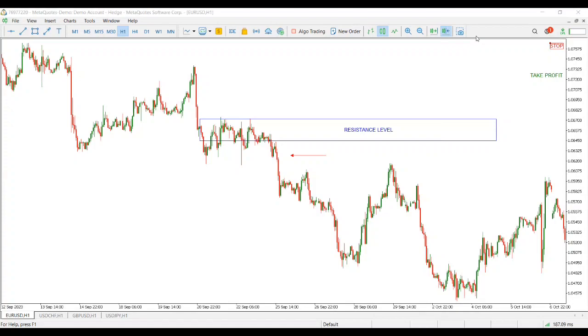Now, the first one is the location. You should consider the location of the candlestick on the chart. When I mean location on the chart, I mean we should check if it's forming on a support level or on a resistance level. In the previous lessons, I explained it using a bullish market.